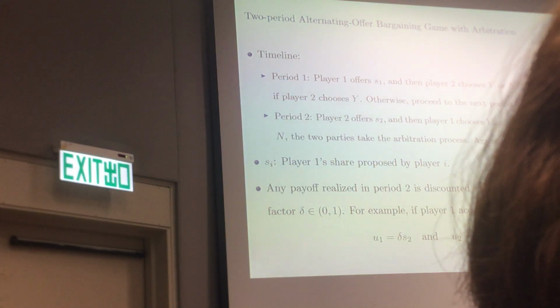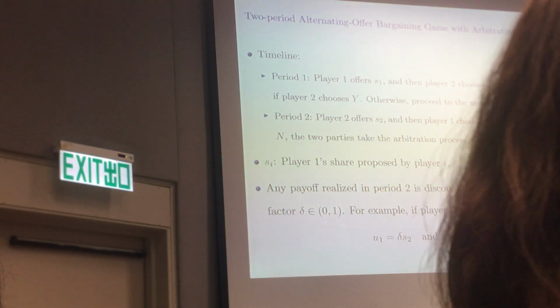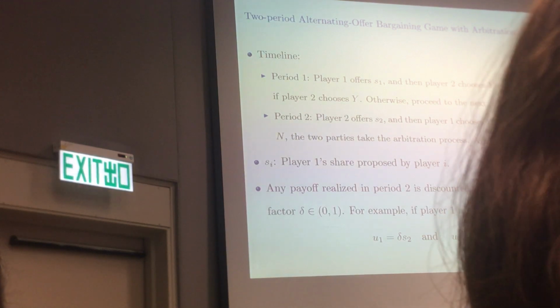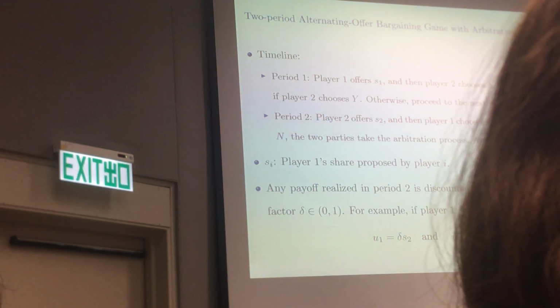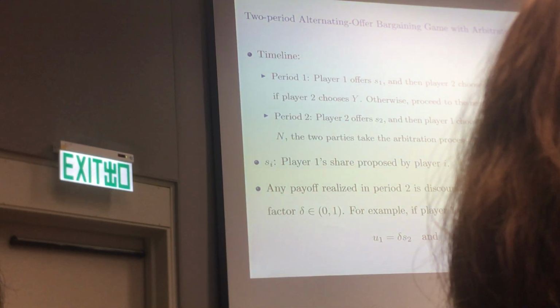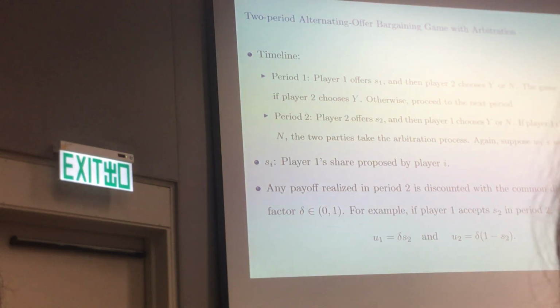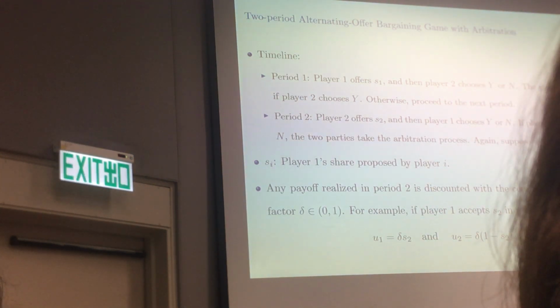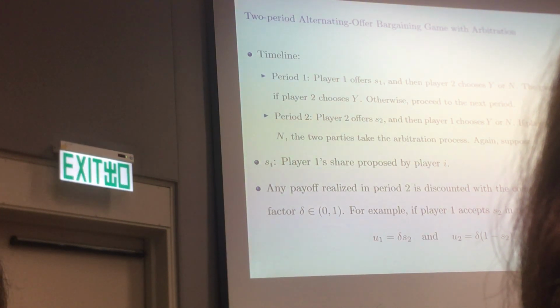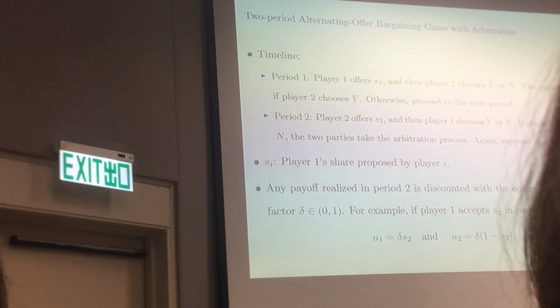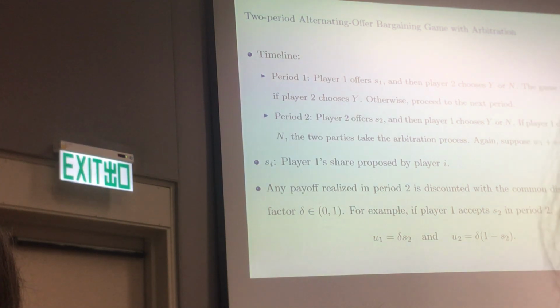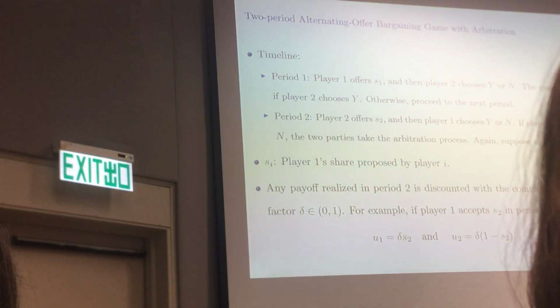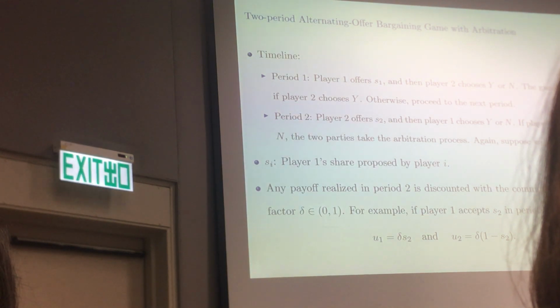And the other thing is that I'm going to assume that there is some discounting for future payoffs. What is discounting? I believe all of you took the course in macroeconomics last semester, and I believe there was a lot of discussion about time discounting. In economics, typically we assume that people discount whatever happens in the future.